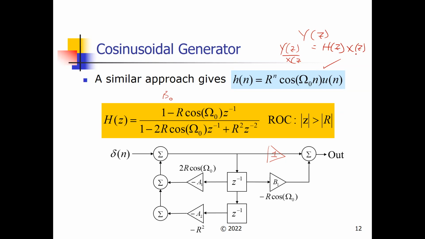And if X(z) is an impulse, the z transform of the impulse is just 1, then Y(z) is going to be the z transform of the impulse response here, which is supposed to be the series of the sinusoid and cosine signal coming.